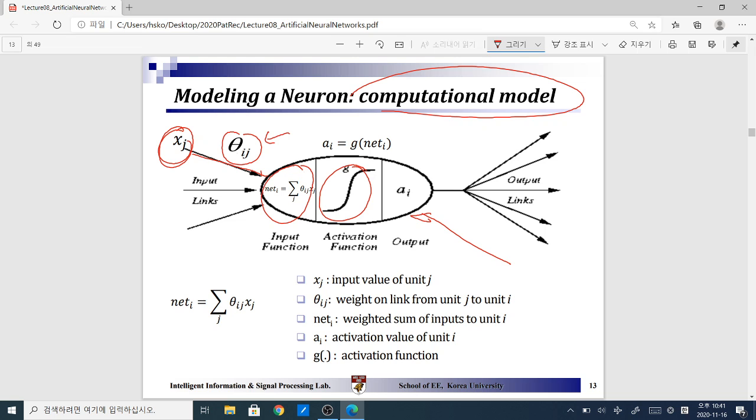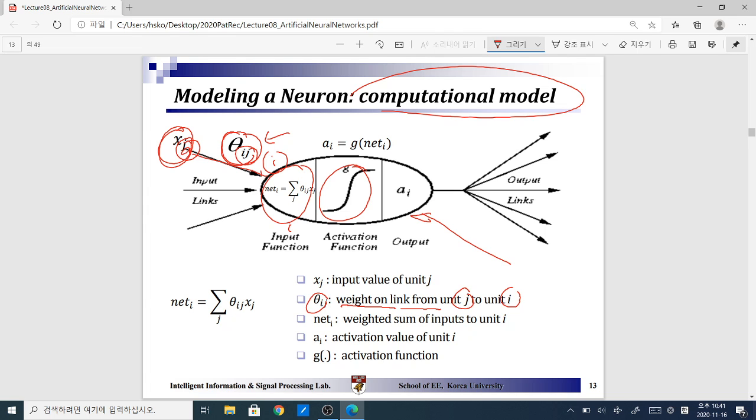And these connecting wires have certain weight values. These weight values will be denoted by theta sub ij. The theta sub ij would be the parameter or the weight on the link or the connection from unit j to, say, unit i. So if you consider this as unit j, which is the source, and i as the destination, this means you have a weight of theta sub ij between the jth unit and the ith unit.